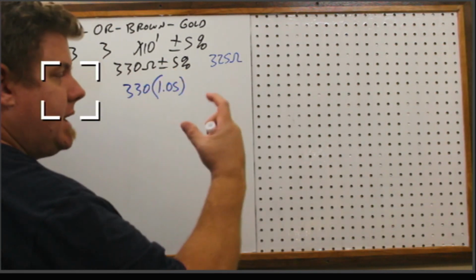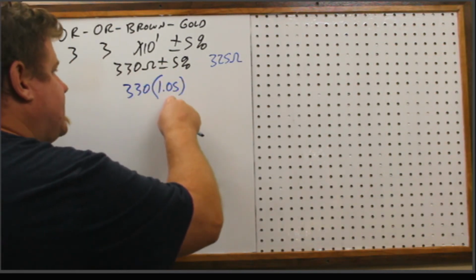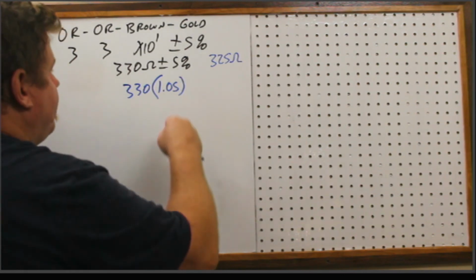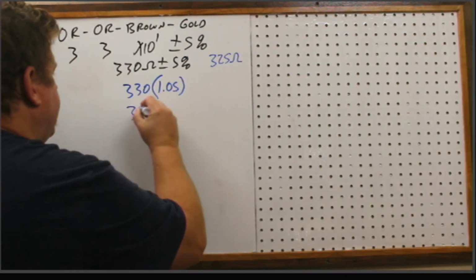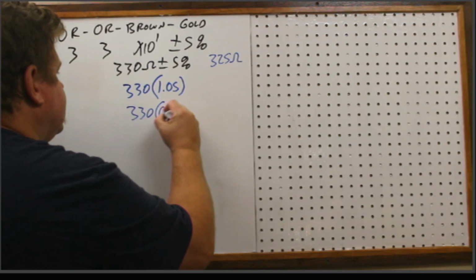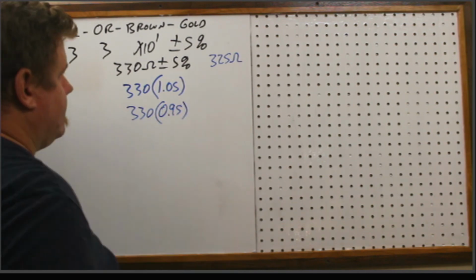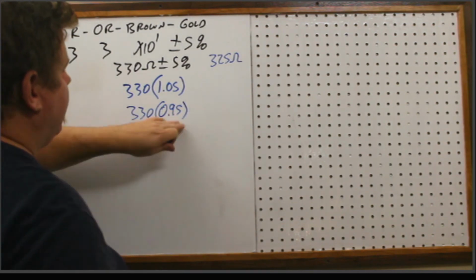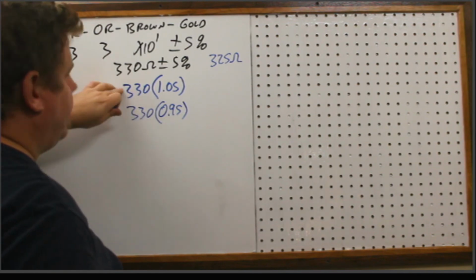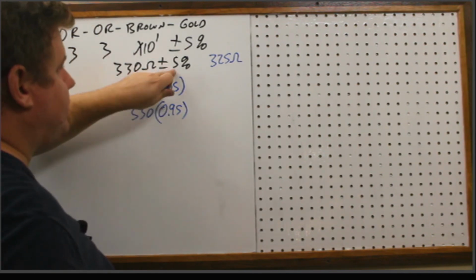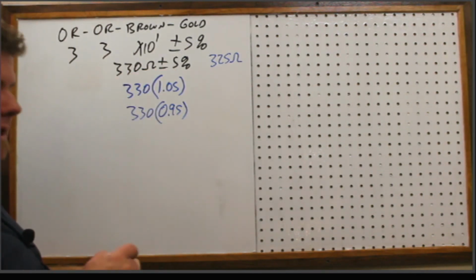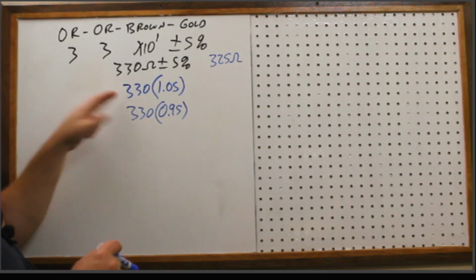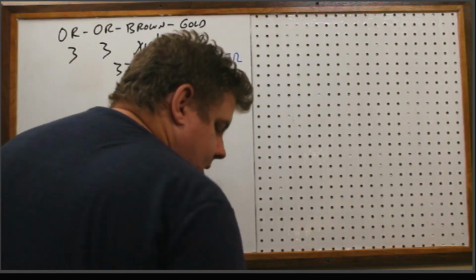But if you're giving it a range, then it's 5% above 1 and 5% below 1. So 330 times 0.95. So that's 95% of this, and this is 105%. That's all this plus or minus 5% means. It's within that tolerance. 100% is always whatever the nominal value is.